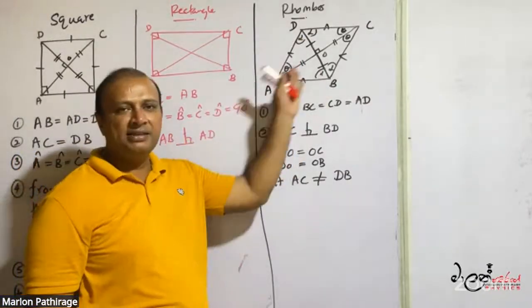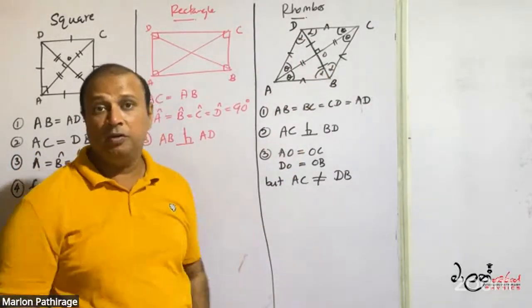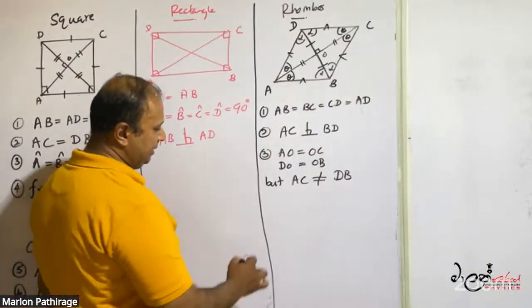Those two diagonals are not equal in length, but they are perpendicularly bisected. Okay. Then the fourth one.